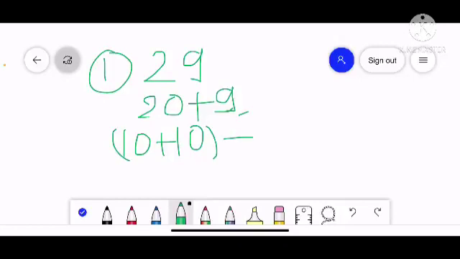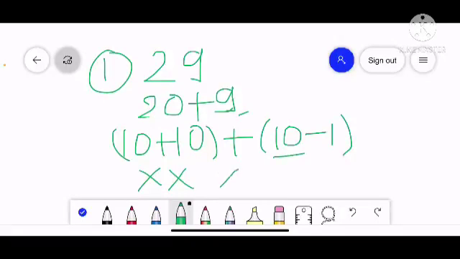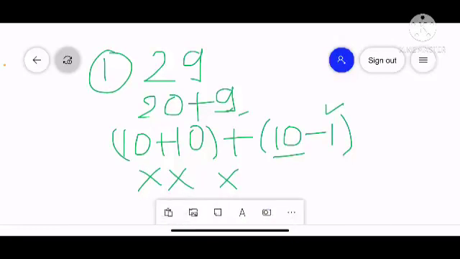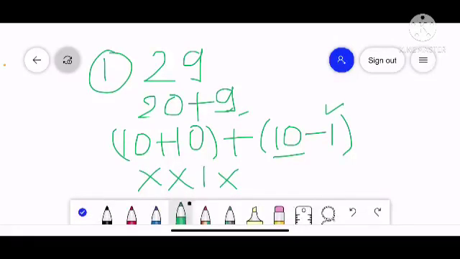Now plus, we are not having any Roman numeral for 9, so we are going to break it, that is 10 minus 1. Now write the letters, that is 10, X, X, and 10 minus 1, first we write symbol for 10, that is X, and minus 1, the symbol for 1 is I, but minus sign is there, so we are going to put it towards our left side. XXIX is the Roman numeral for 29.